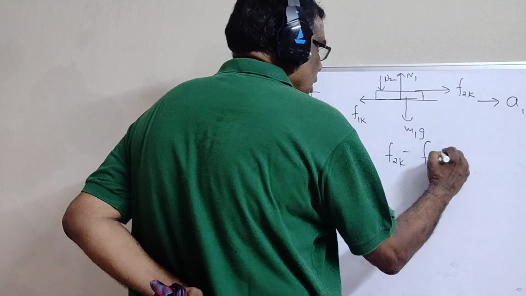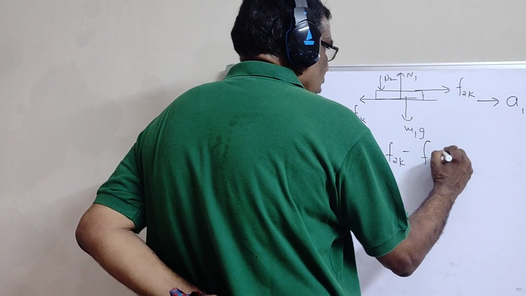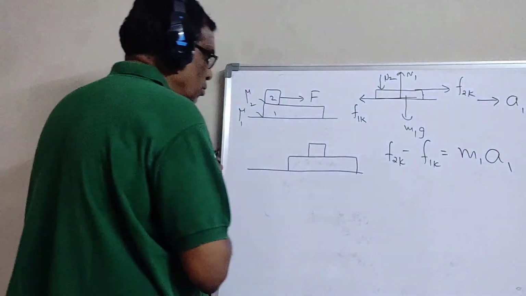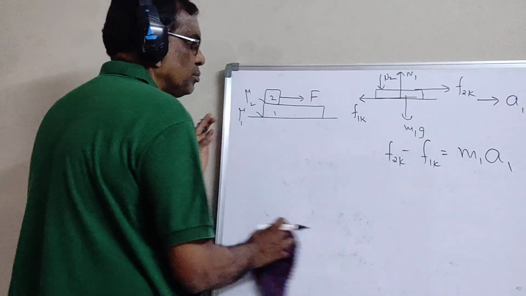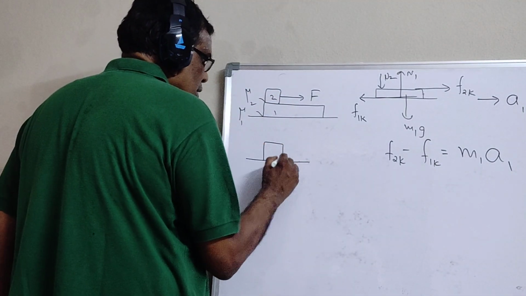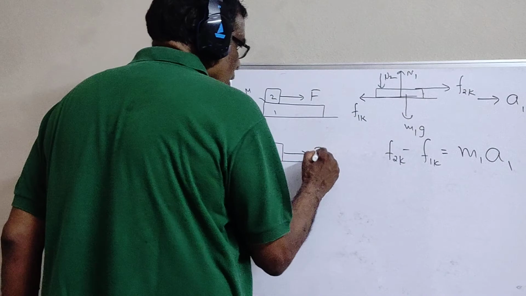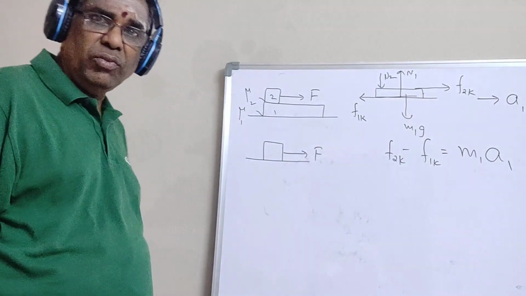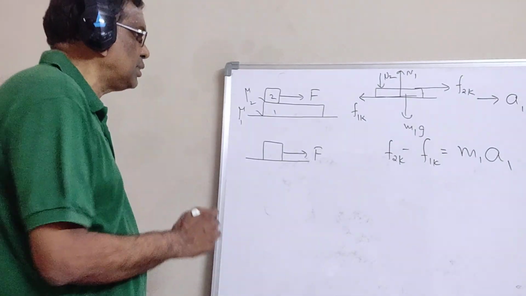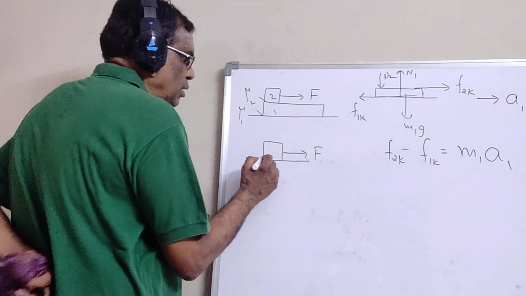Now how do you write that? F2k minus F1k is equal to M1 A1. Okay? What about the upper body? Now I told you every time we do friction, it is better to go with relative acceleration wherever feasible.